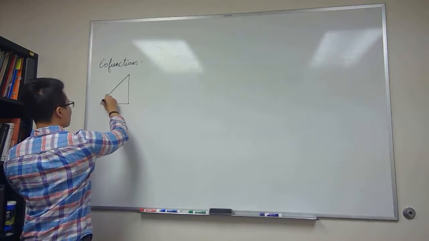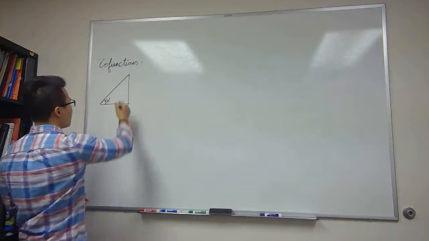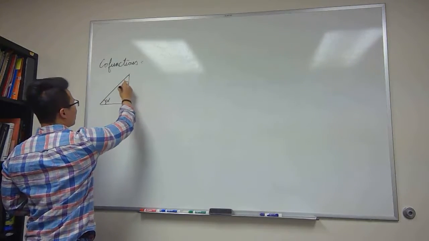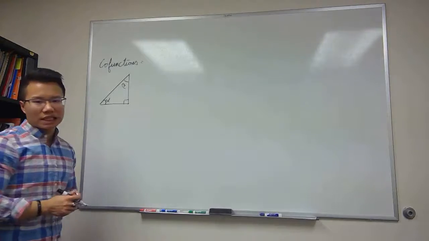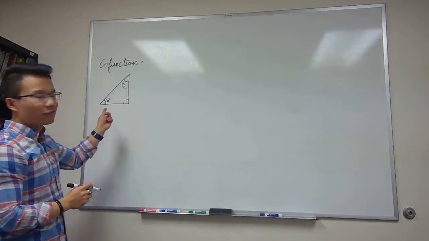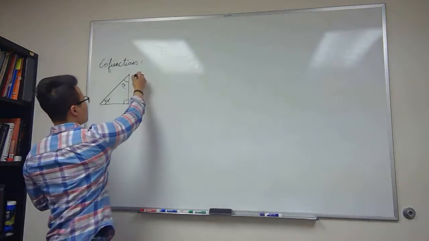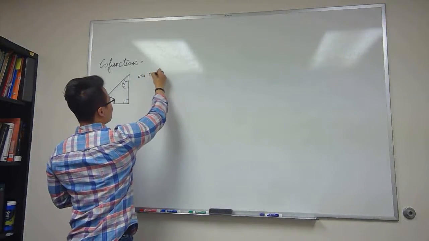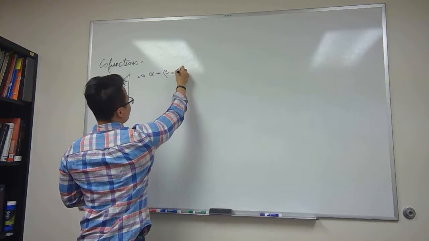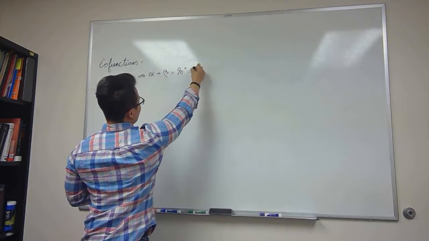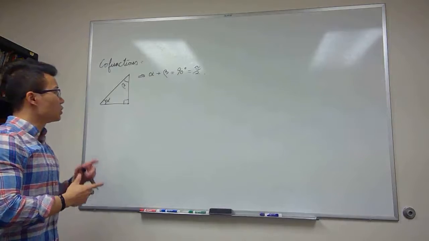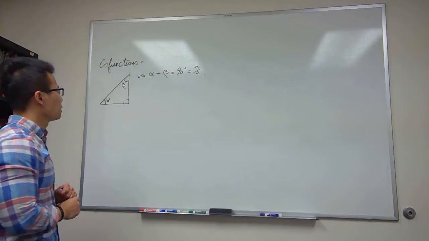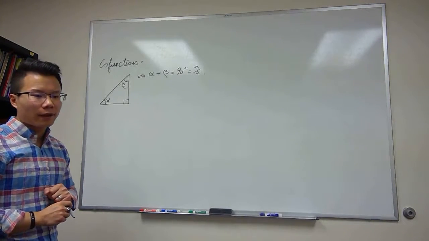If I have an alpha, which is just a name for the angle, and a beta, also the name of an angle, and I have 90 degrees in here. As you can see from this triangle, alpha plus beta equals 90 degrees, or equals pi over 2. It depends how you want to write it, either degrees or radians.